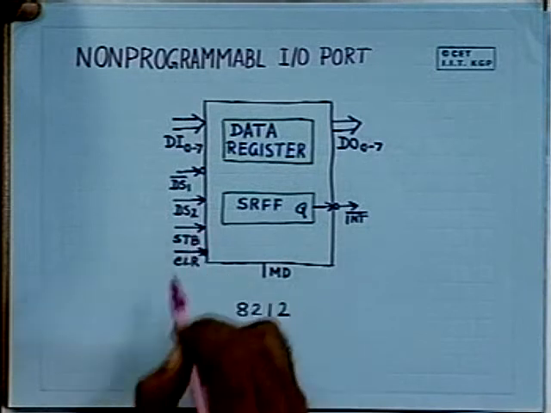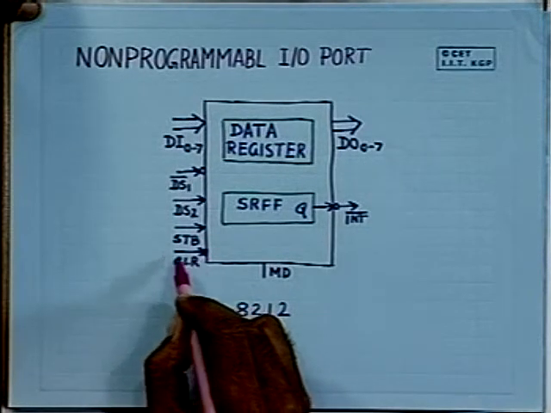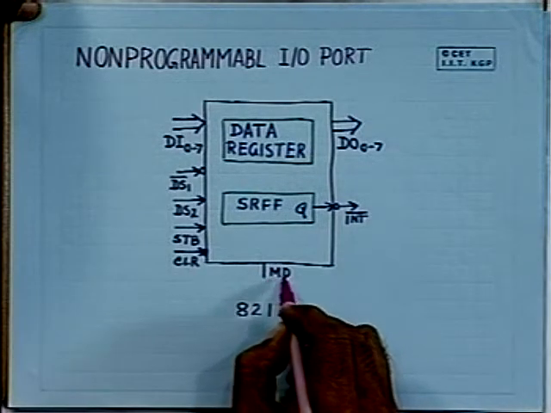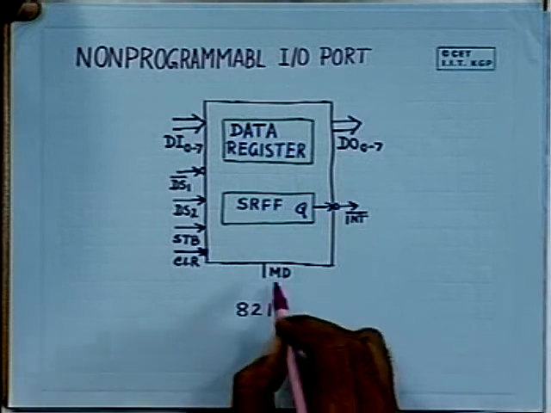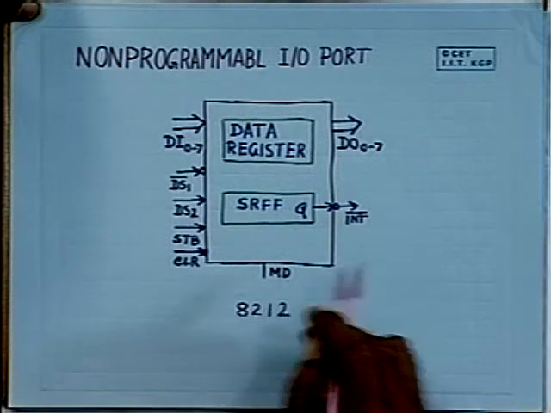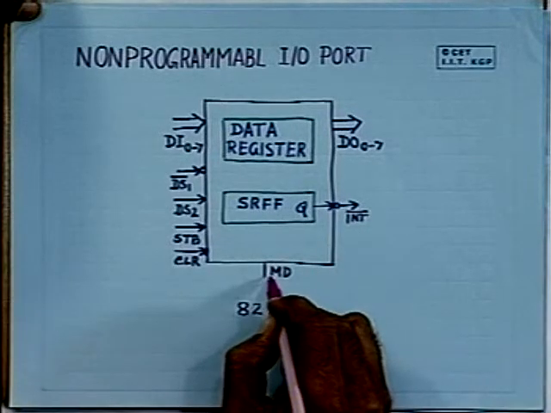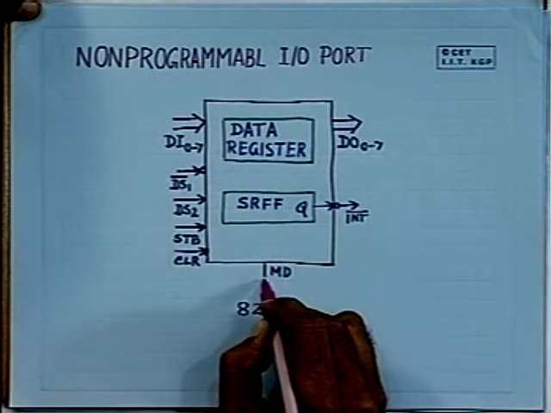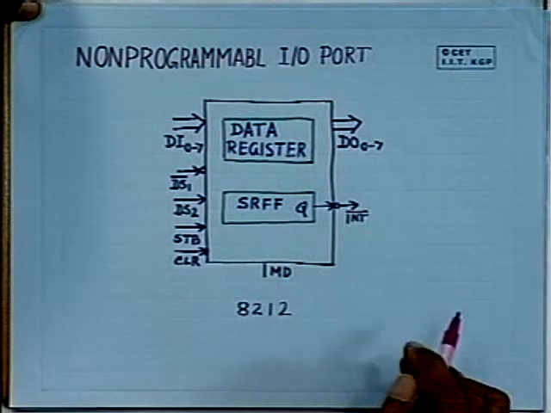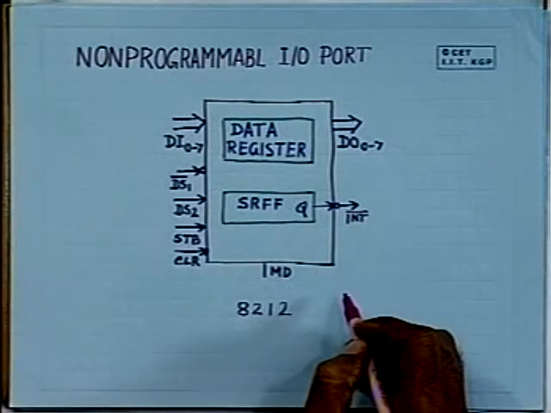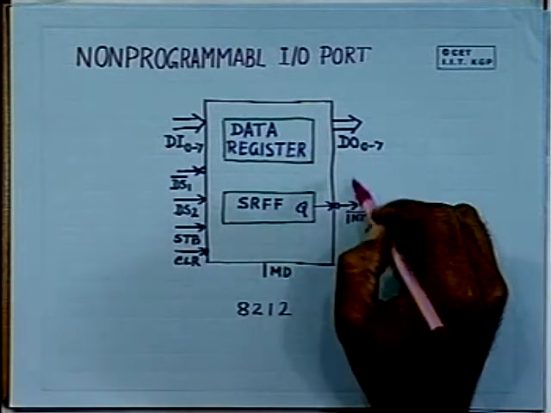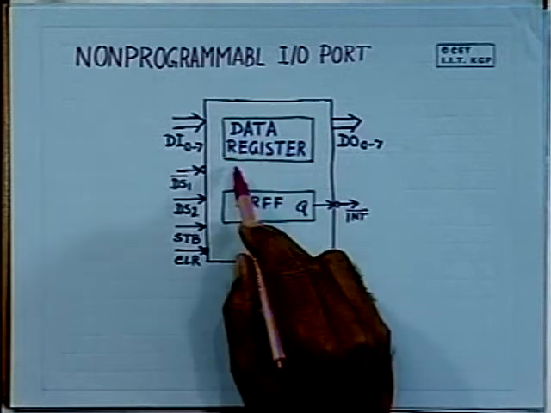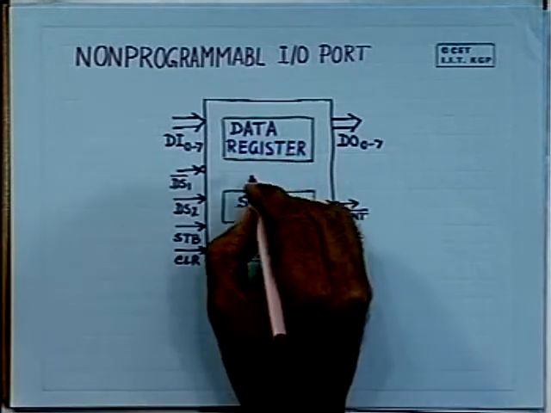STB stands for strobe, CLR stands for clear, and there is another line MD which stands for mode. That means the mode of operation can be decided based on whether this line is connected to VCC or ground, and based on that the mode of operation can be controlled. And it has got one interrupt output, and inside the chip it has got an 8-bit data register.